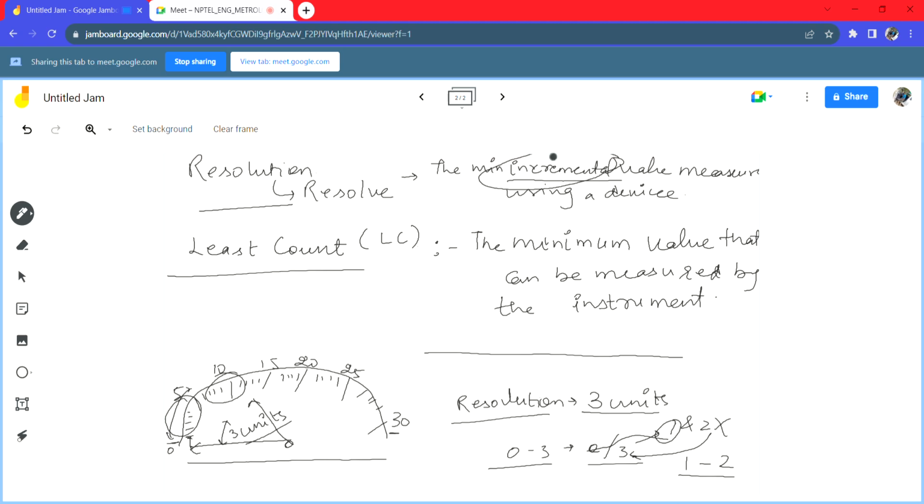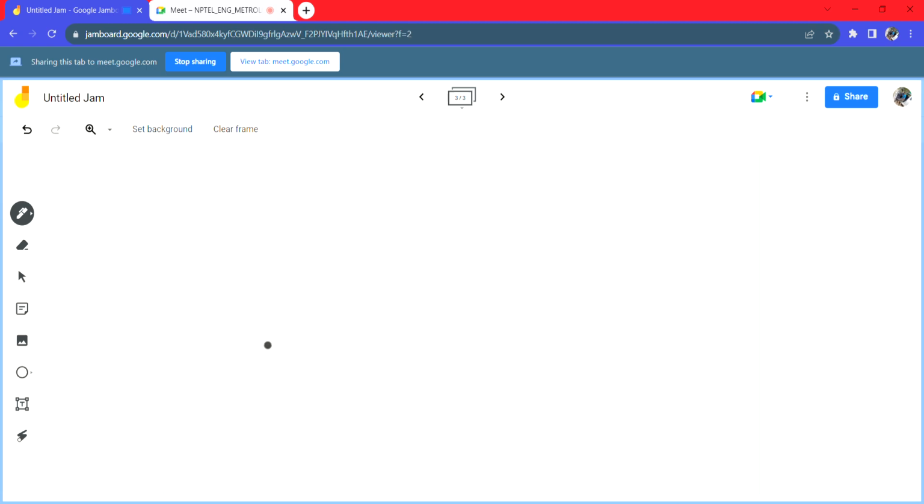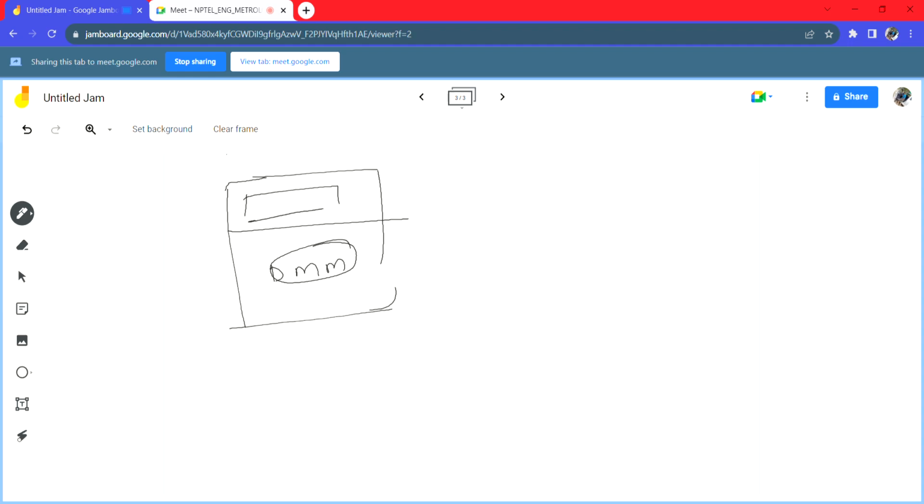Now, let us see one more example to understand this. This was an analog kind of a device, an analog meter. We have not discussed analog devices and digital devices as of now, but let us first see this example, and then later we will go on to the types of instruments. Now, say this is my digital multimeter and there are so many controls over here, and if I want to check my values, whatever current and voltages are here are depicted here.